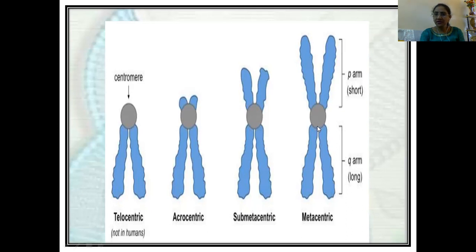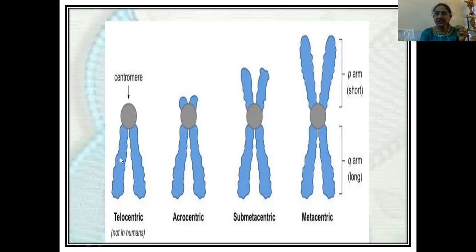If the position of the centromere is in the middle of the chromosome, that is called metacentric. If the position of the centromere is just above the middle portion, that is called submetacentric. If the position of the centromere is very close to the telomeric or terminal region of the chromosome, then that chromosome is called acrocentric.